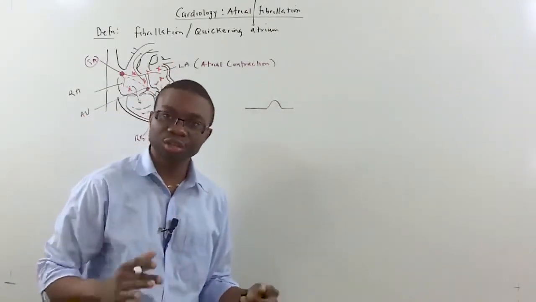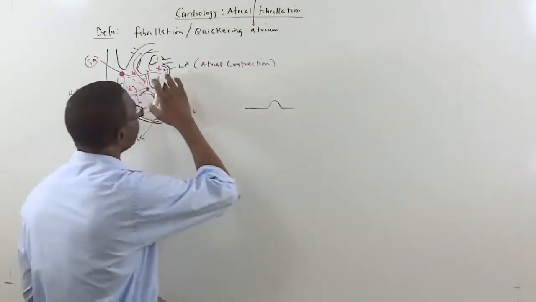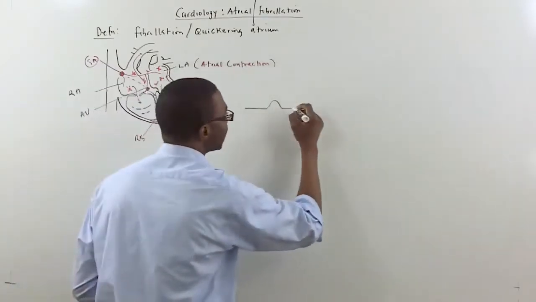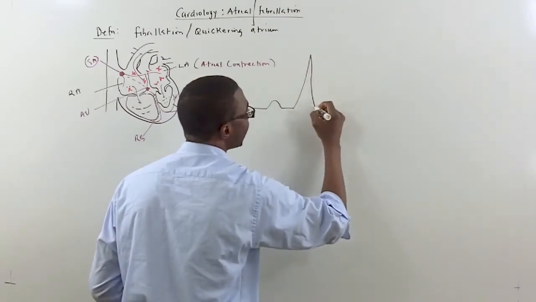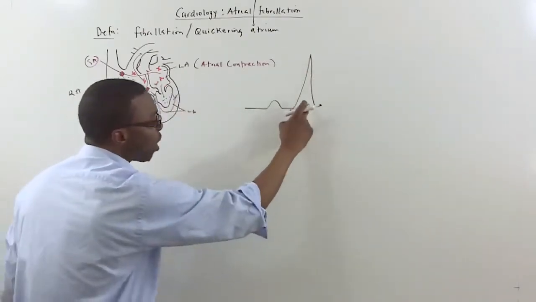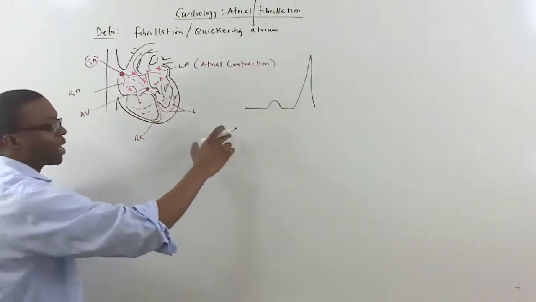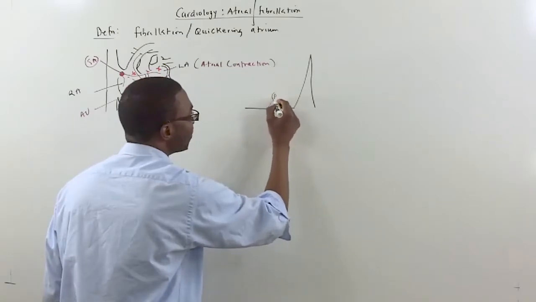It just means atrial depolarization. And then once the atrium depolarizes, the ventricle depolarizes and you see a QRS, right? But remember, while the ventricle is depolarizing, the atrium has to repolarize, so it gets buried in the QRS complex. So we see a P wave, right?